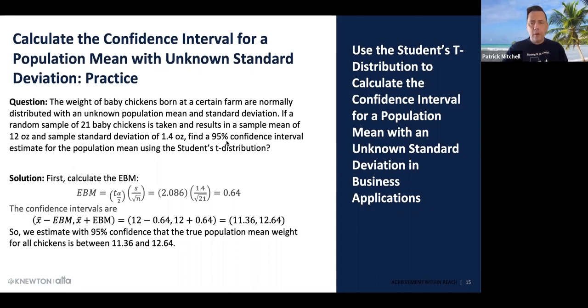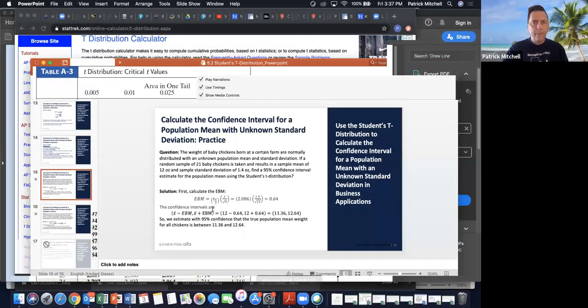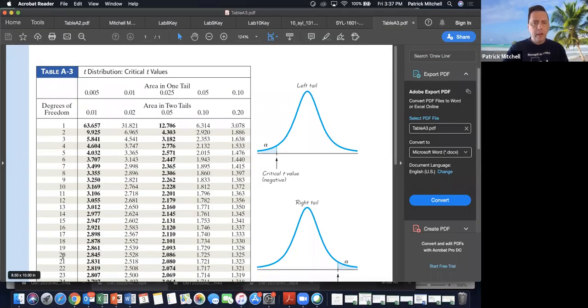So going over to the table, here is 20 degrees of freedom. Remember, this row here is alpha, so we could just go to the 0.05 column, go all the way down, and there is the t-score that I noticed on the slide, 2.086.